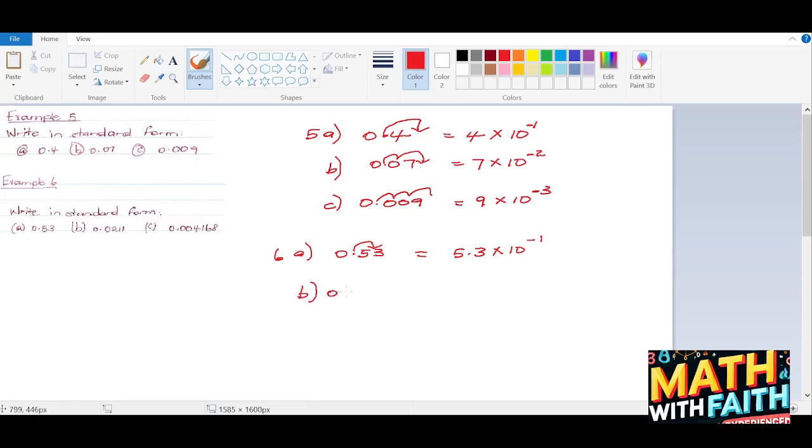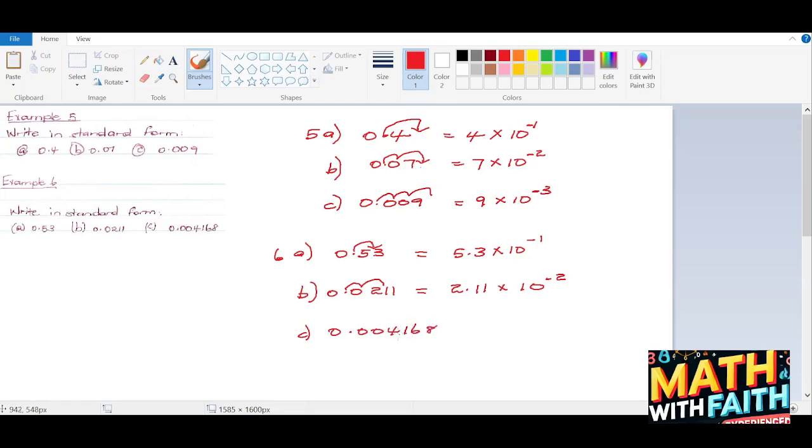B, 0.0211. So we are going to move this 2 times. So this will be 2.11 multiplied by 10 to the minus 2. And the last small number, lower than 1, 0.004168.